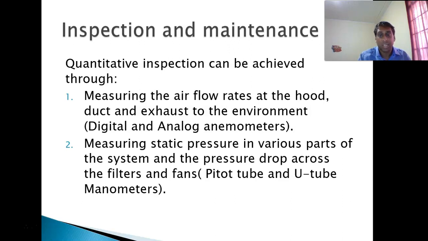So quantitative inspection can be achieved through measuring the airflow rates at the hood, duct, and exhaust to the environment. We did mention this before, using digital and analog. Just to explain this one, so if you measure at the face of the Captor hood, and it measures 2 meters per second, you know, that velocity then should be maintained, or if not a bit higher, as it goes through the ducting itself.